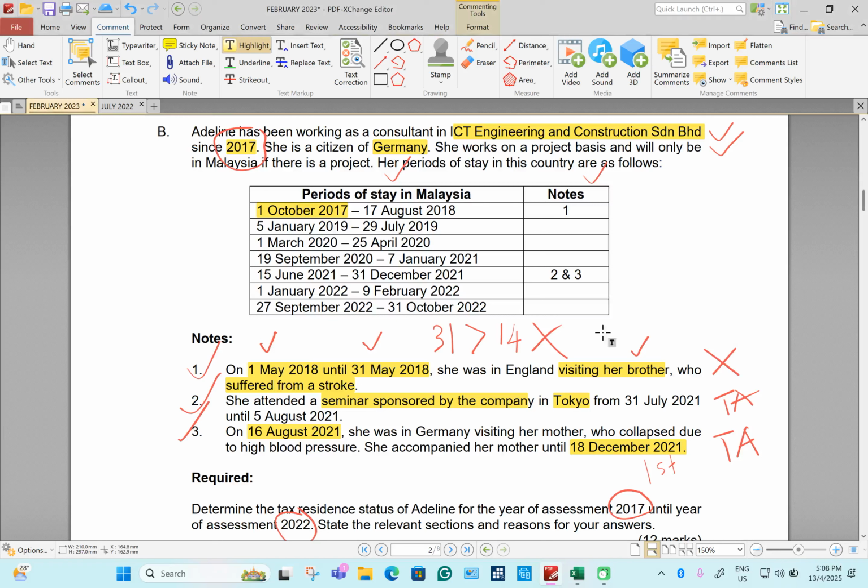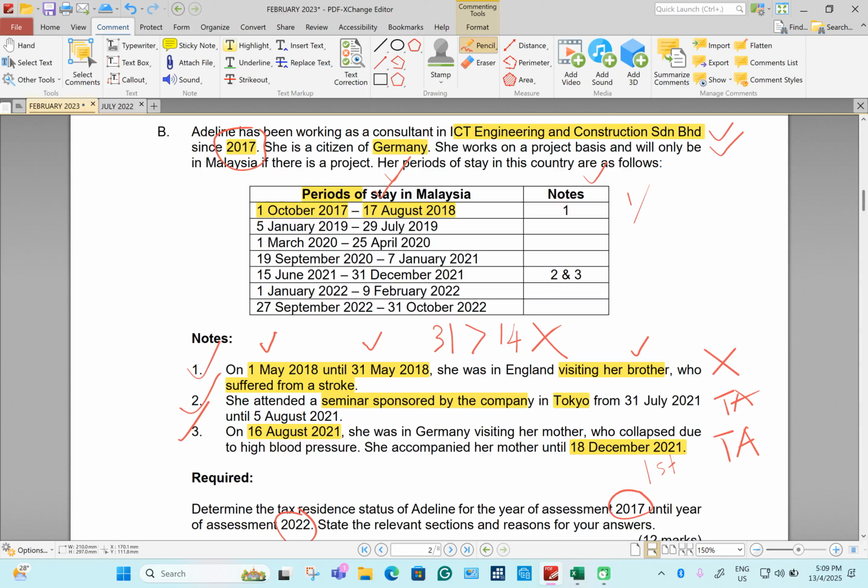Okay, what do we have for 2018? Okay, 2018. Stay until 17 August 2018. But be careful guys, we have note number 1. So note number 1, this is not TA, isn't it? Meaning to say, she was absent for the whole May. So how do we record? So here we go. We are going to record starting from January 2018.